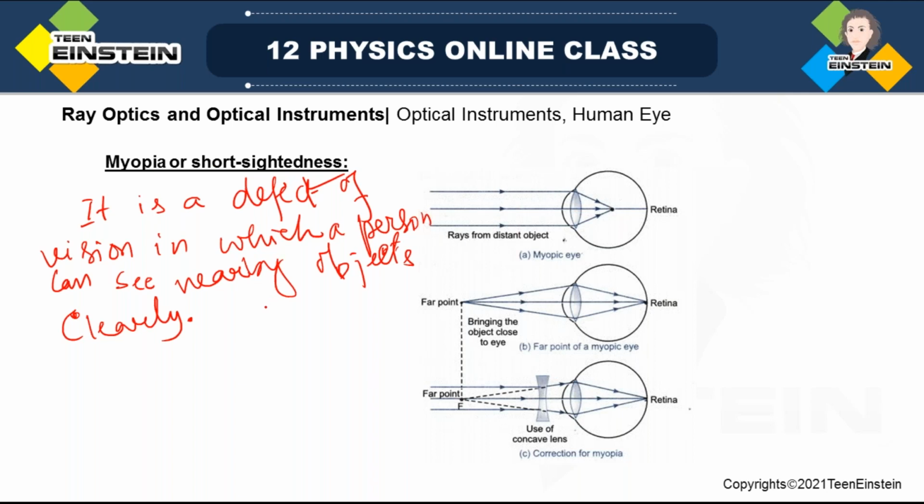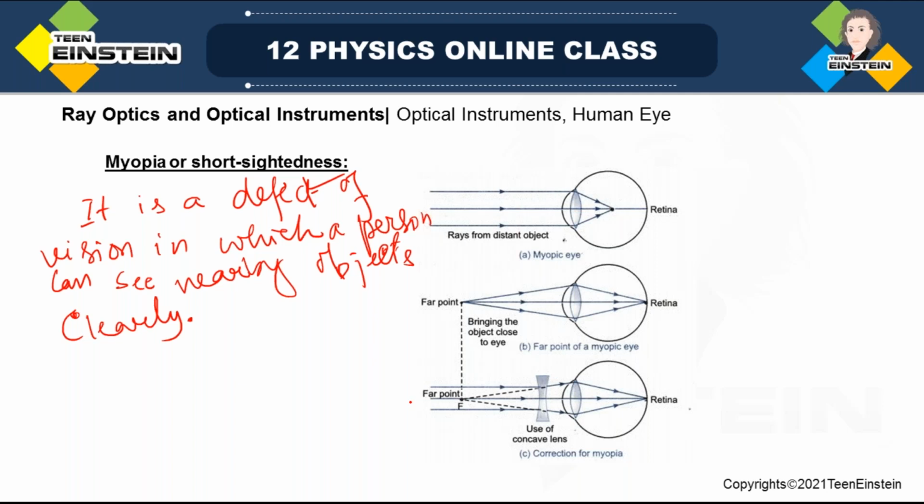That means the range of vision will be very, very less. It is a defect of vision in which a person can see nearby objects clearly, but far-off objects will not be seen clearly. So that is called short-sightedness or myopia.